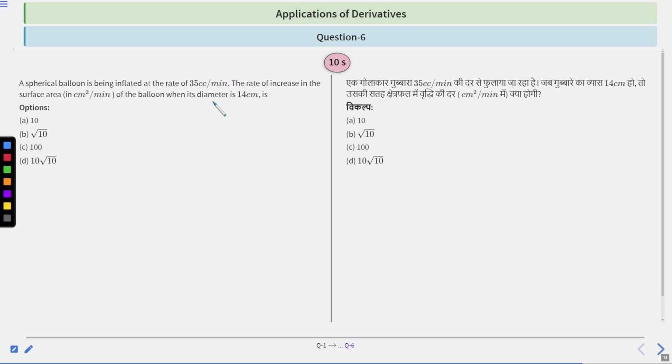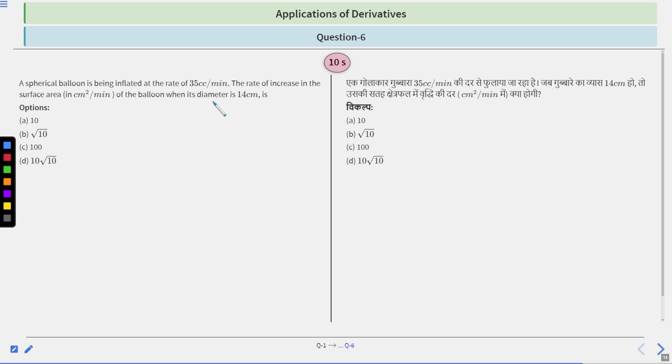That is the rate of increase in volume, that is dV by dt, is basically increasing, right? So dV by dt is 35 centimeter cube per minute, and we have to find the rate of increase in surface area. So we must find the relation between volume and surface area, so that we can differentiate it with respect to t on both sides.